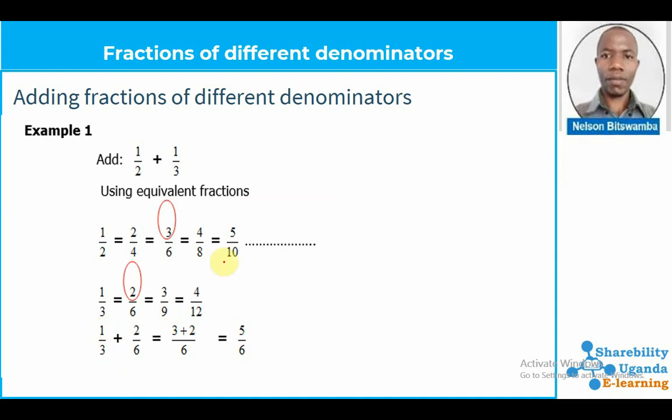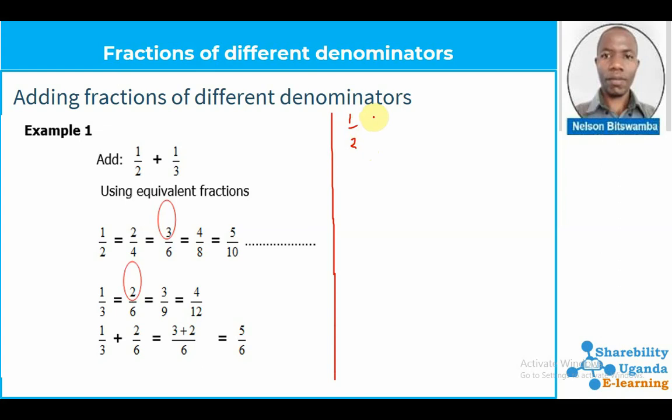How do we first get this equivalent fraction? We said that for us to get equivalent fractions, we look out for a value. For example, when you have 1 out of 2 and we want an equivalent fraction of 1 out of 2, we look for any number, maybe 1 or maybe 2.